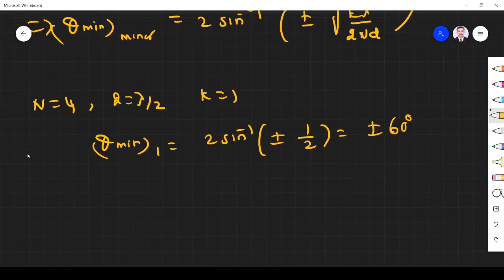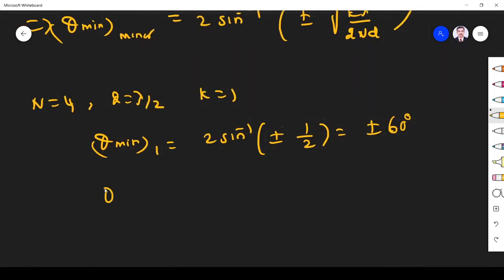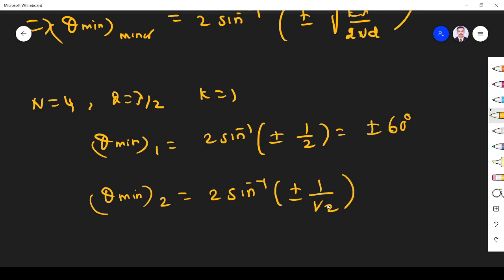Similarly, for theta minimum 2, I substitute k is equal to 2. 2 sine inverse plus or minus 1 by root 2, I get plus or minus 90 degrees.